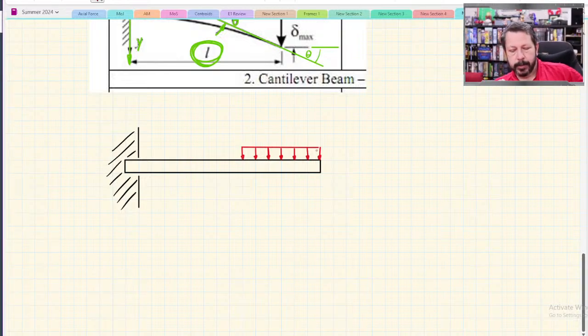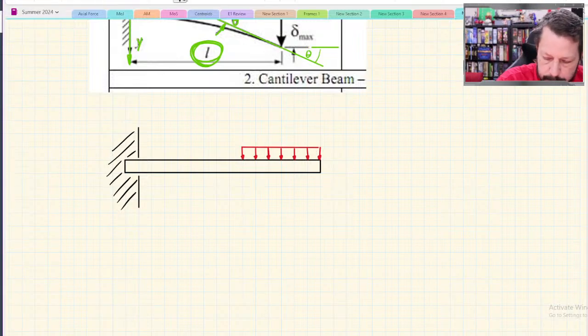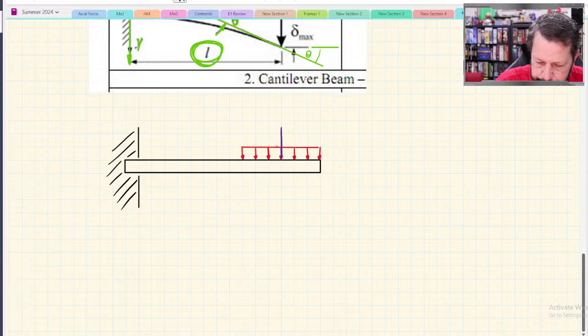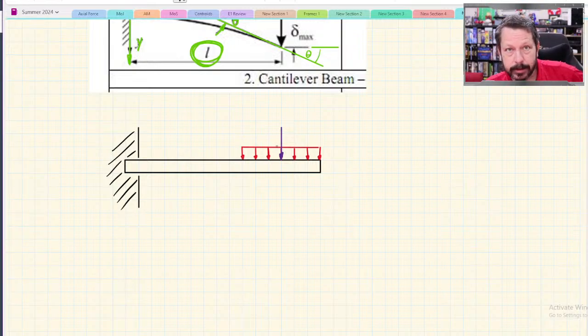Your first thought is probably, oh, well, I will just lump the distributed load into a point load and put it right here, and that'll give me the same effect. And it's close. It's really close. If you were doing just a first pass, then it's probably good enough.